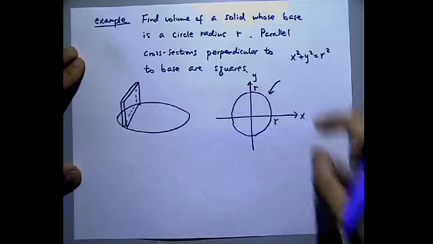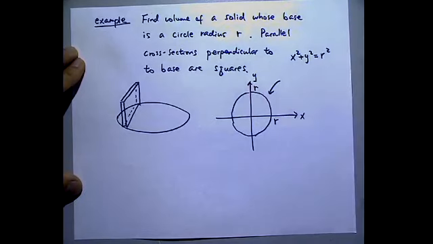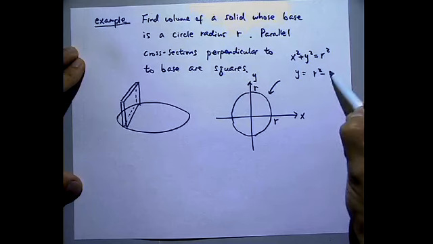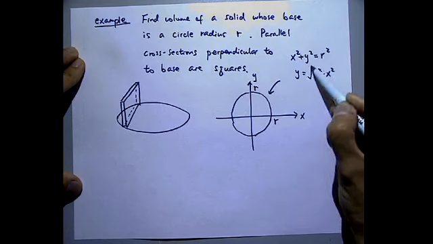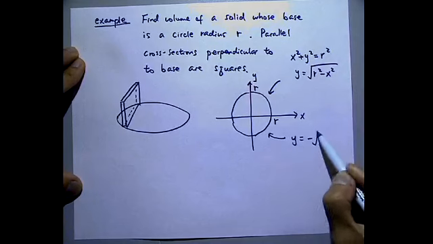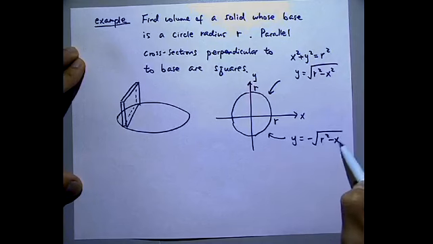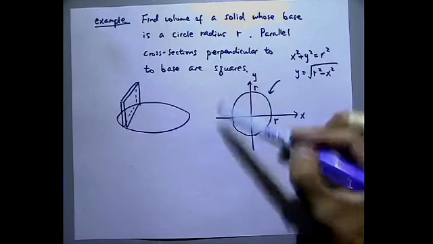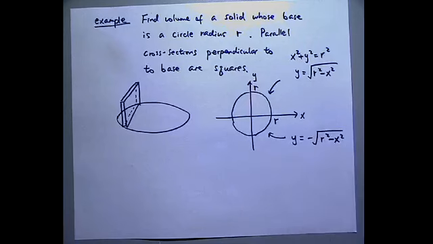What I want to do is to separate this into the upper half and the lower half. So here's the upper half. You solve for y and take the square root. The positive one goes to the upper half. The negative one goes to the lower half, because y is always negative down here, and up here, y is always positive.